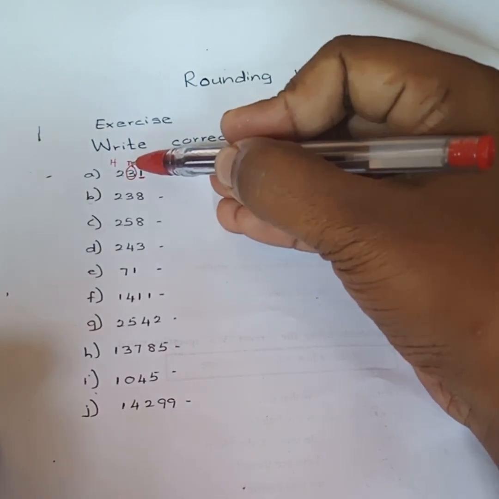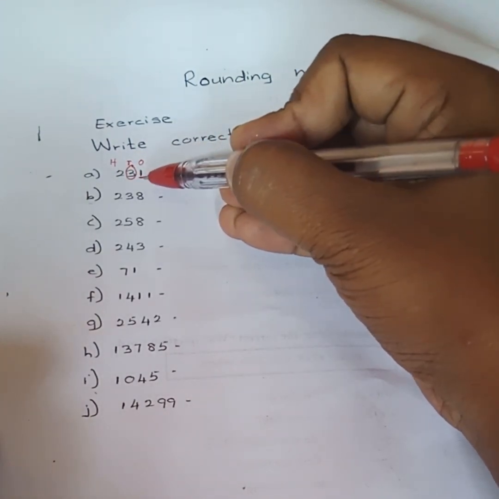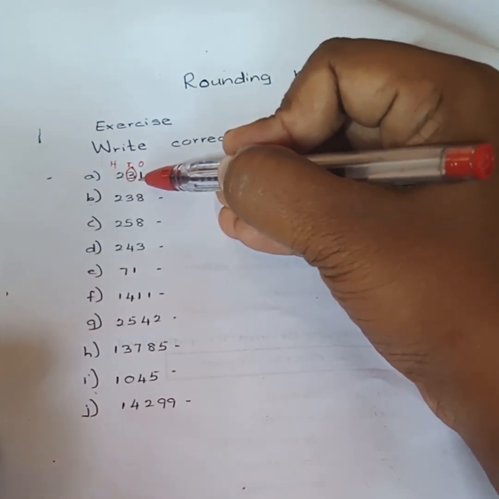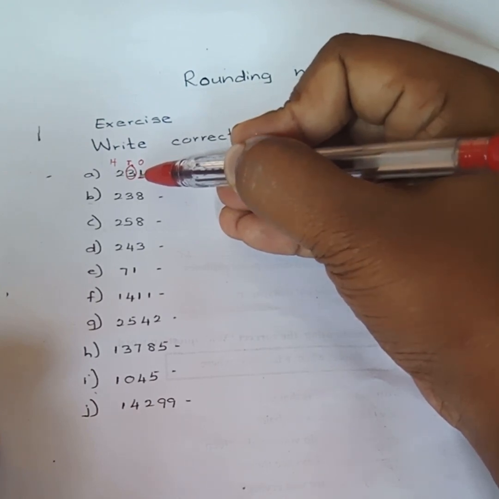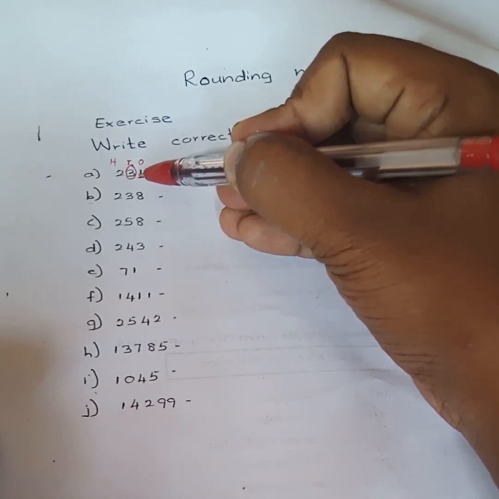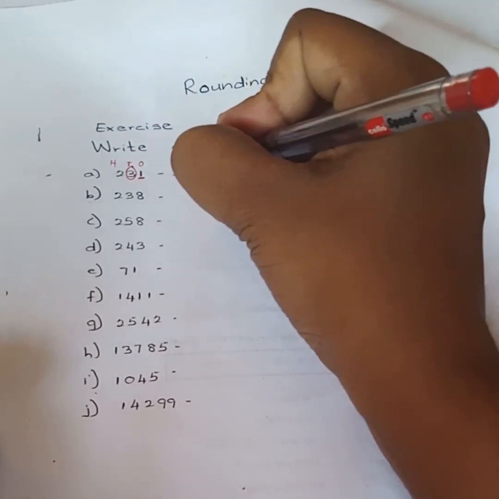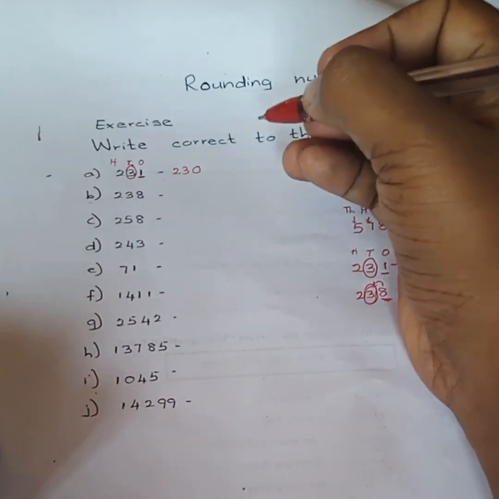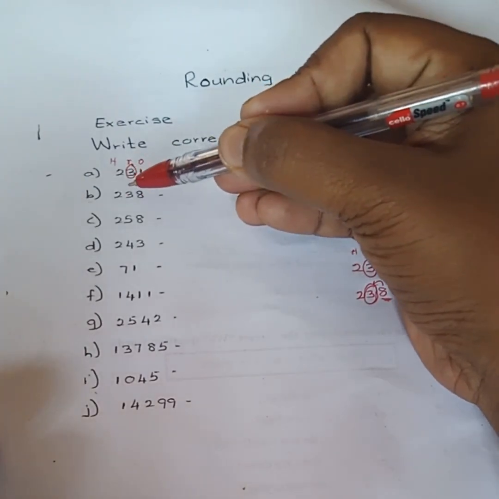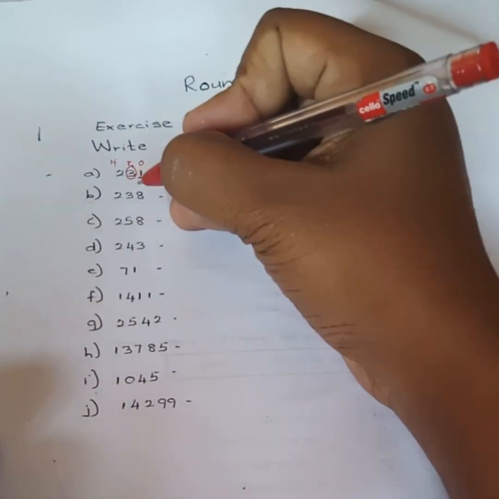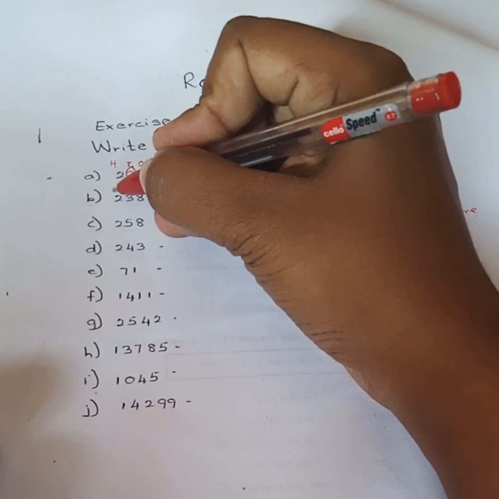231. The tens value is 3. We have to consider the next door value, 1. It's less than 5. So when you round off to the nearest tens, the answer will be 230. Okay. Next one. 238. Ones, tens, 100.